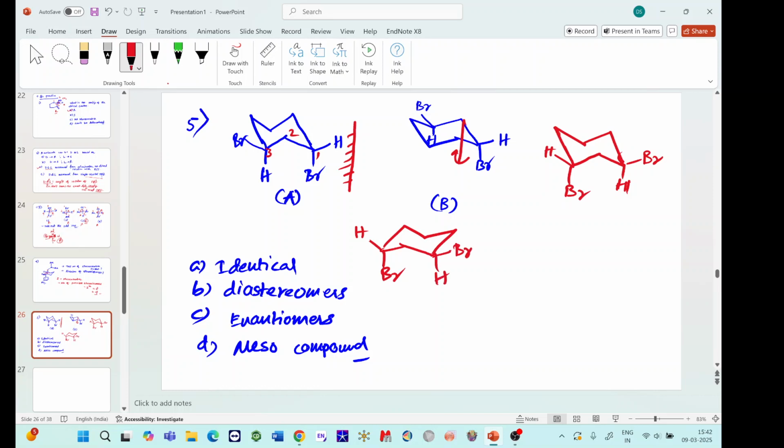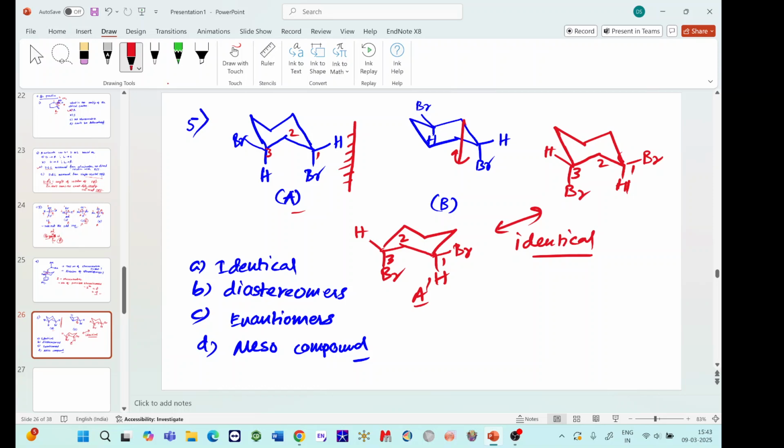Now you just see, this is 1, 2, 3, 1, 2, 3. Is it the same? Bromine is on the top, hydrogen on the bottom. Bromine is on the bottom, hydrogen on the top. So this is the same molecule, like these are identical. Okay, but this is the mirror image of A.